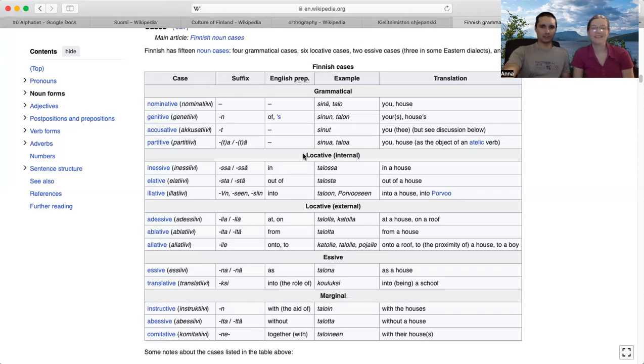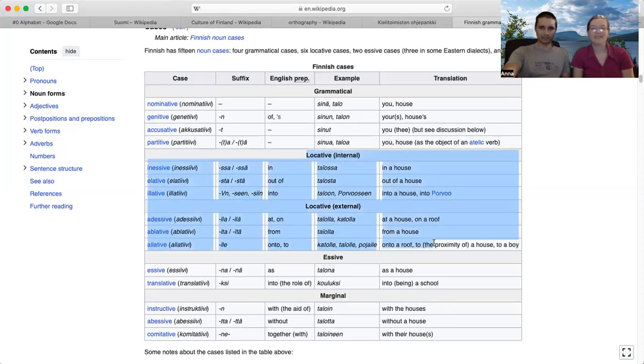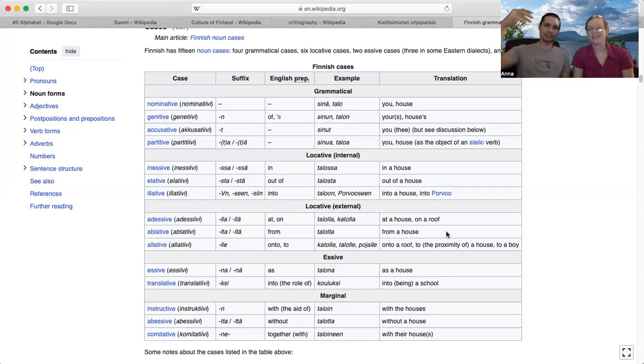So in Finnish, we have 6 locative cases, depending if it's internal or external, but more about this later. The important thing is to know that the nouns have to be changed according to different cases, and that depends on the verbs or.